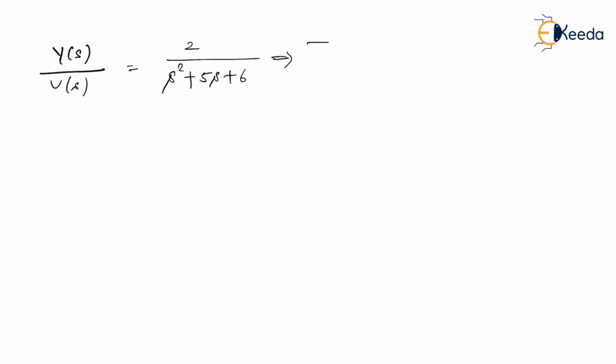So in this case, y of s upon u of s, this is nothing but your transfer function, which is now equal to 2 upon s square plus 5s plus 6. So this is nothing but your transfer function.